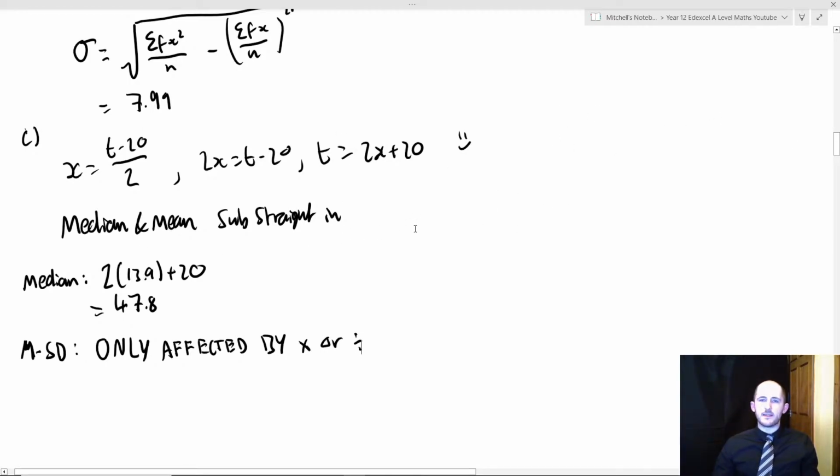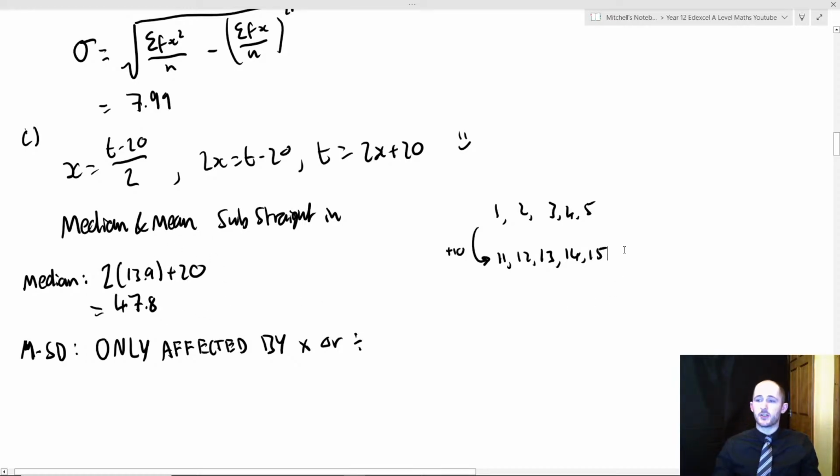If I add 20 to all data values, the average distance from each other doesn't change. So let's say we have 1, 2, 3, 4, 5, and now I'm going to add 10. Hopefully you can see that the mean and the median will change. The median is now 13 and it was 3, and the mean is going to be 13 instead of 3. So it does change, hence we need to include it in our calculation.